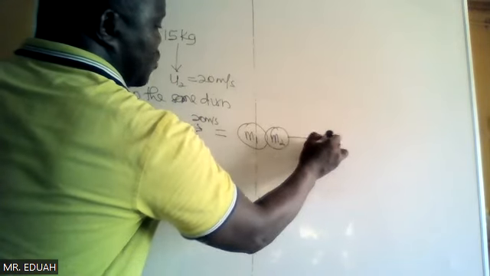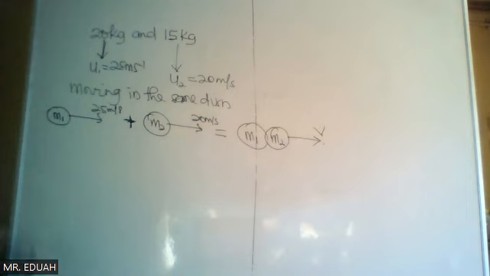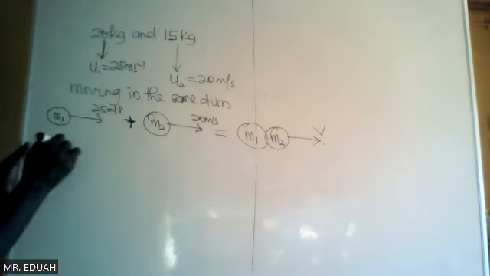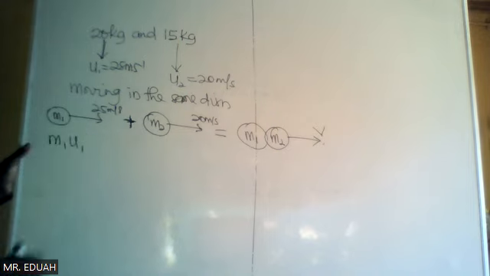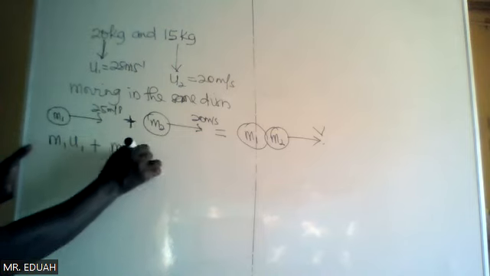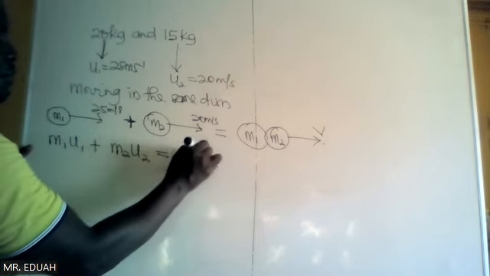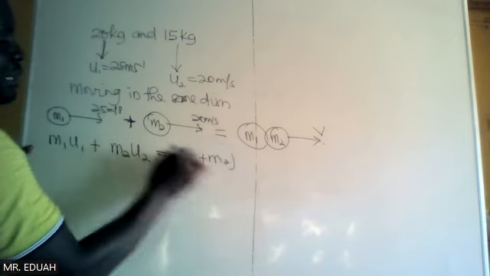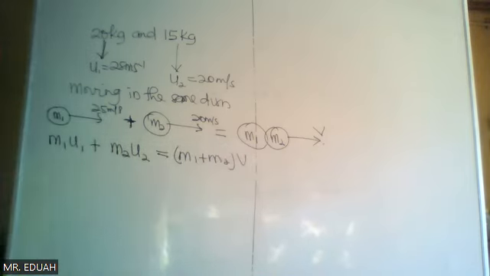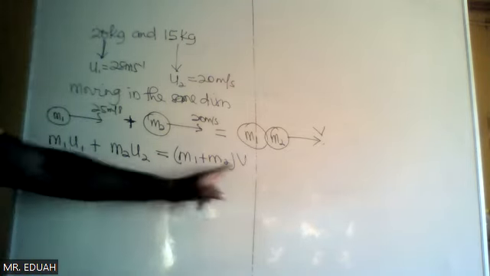V1 is equal to V2, so they are all moving with a common velocity V. So M1 times U1 plus M2 times U2 is equal to M1 plus M2 times a common velocity V. So we are saying that let their common velocity be equal to V.